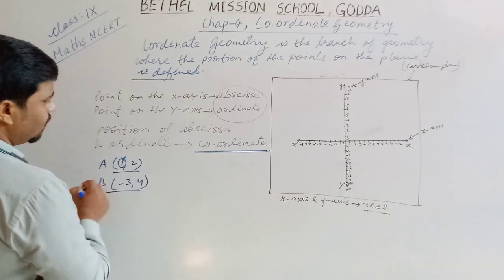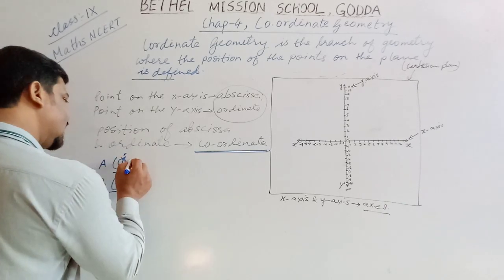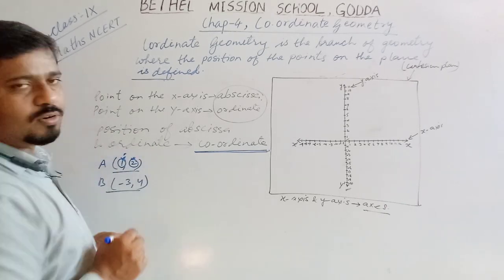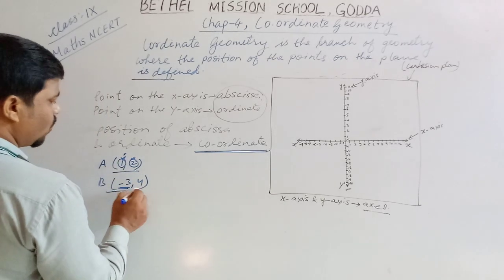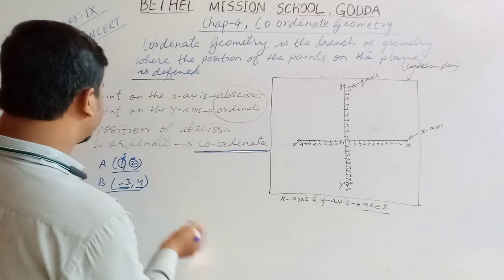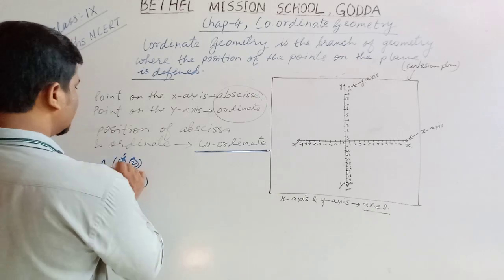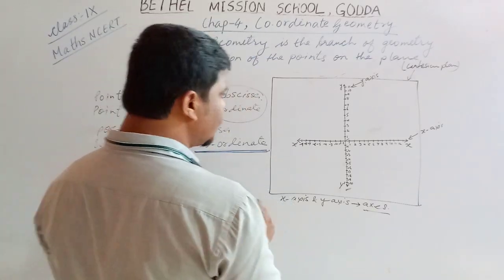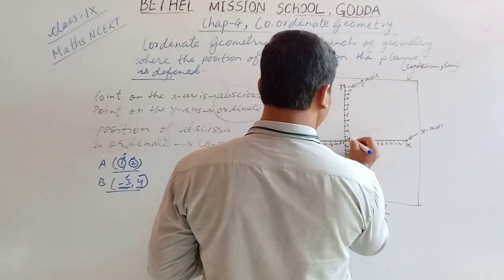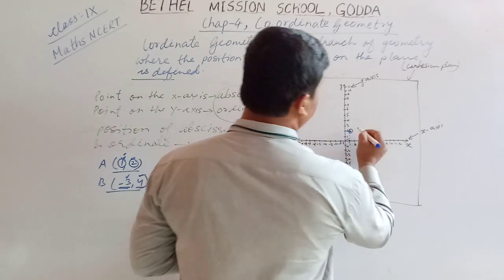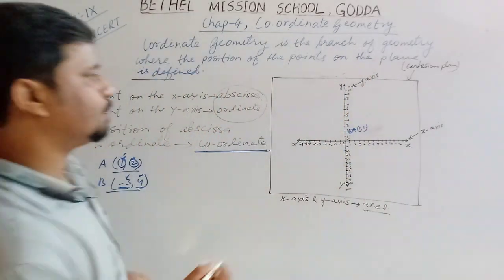In every coordinate, the first number is the value of x, the abscissa, and the second is the value of y, the ordinate. So for 1 and 2, we take 1 here and 2 here.